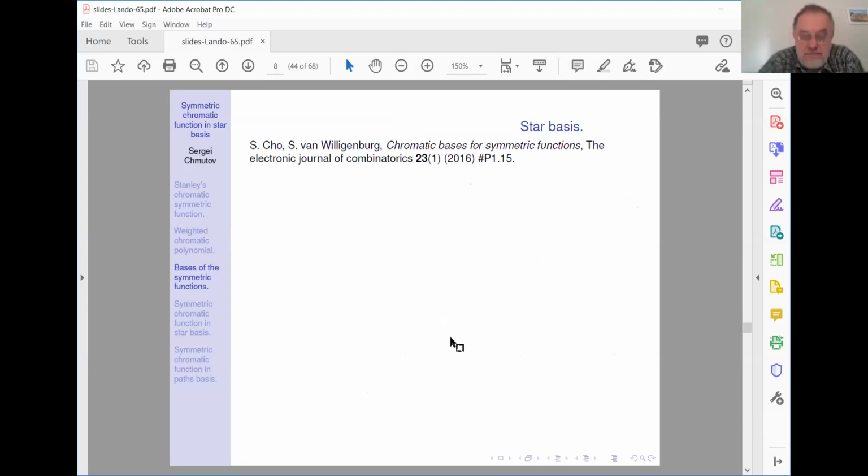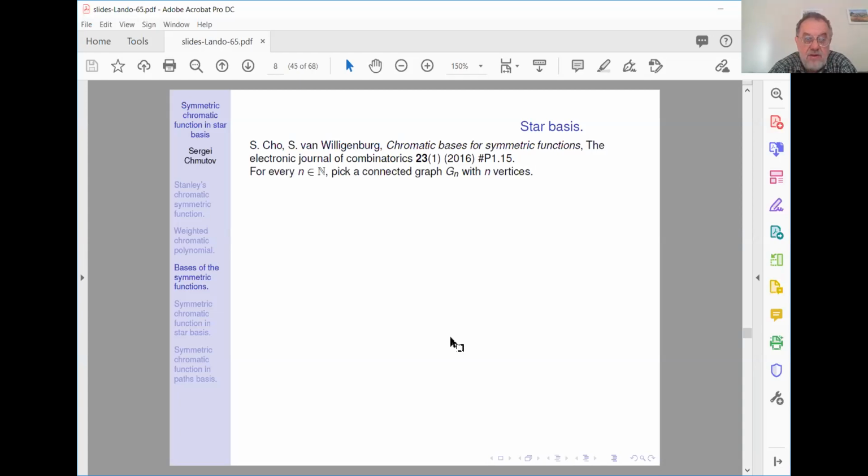Okay, then I would like to speak about the expression of this symmetric chromatic polynomial, or weighted polynomial, doesn't matter, in terms of the different bases for the symmetric functions. It comes from that paper about the chromatic basis for symmetric functions.